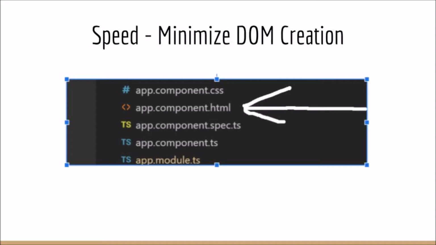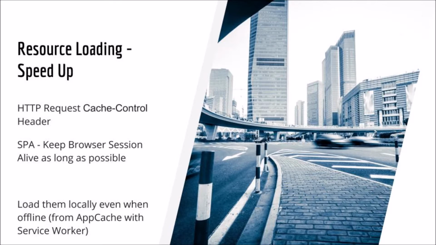Loading what may be appropriate according to the needs of the applications with a high priority offline from the file system or application cache with the web worker. And with this, we will do it with no backend hits, with no backend requests.